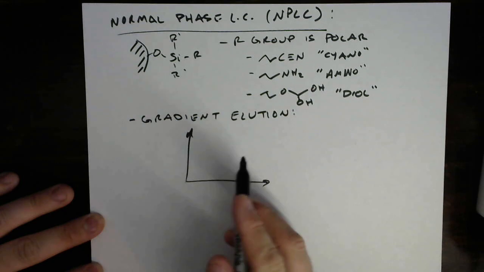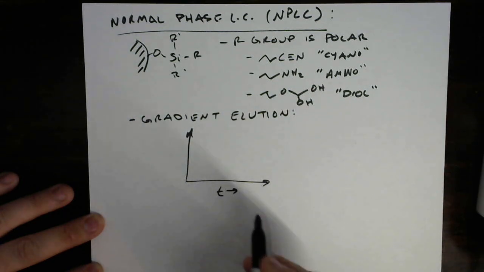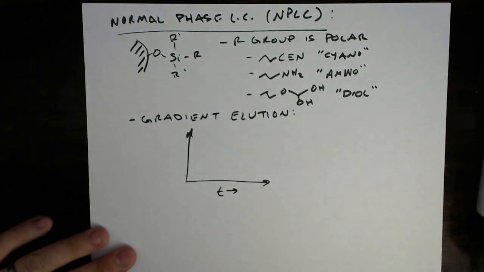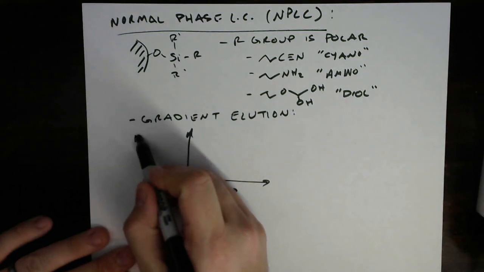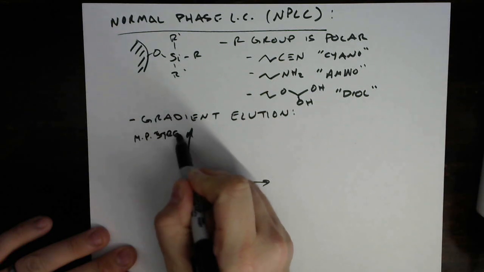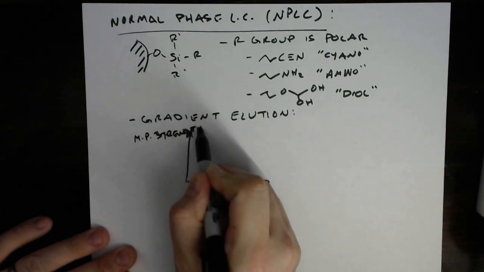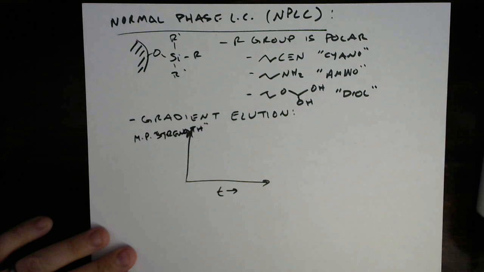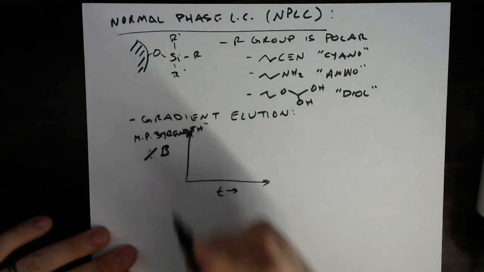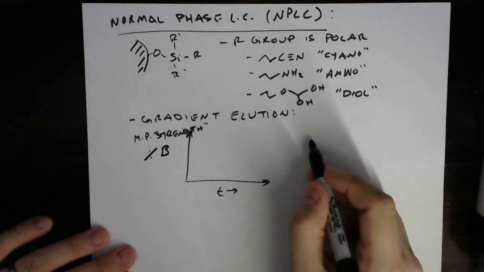So we talked about gradient elution. We said that as time progresses, what you're doing is changing the mobile phase strength. We've described this in the past in terms of percent B. Let's remind ourselves what that means.